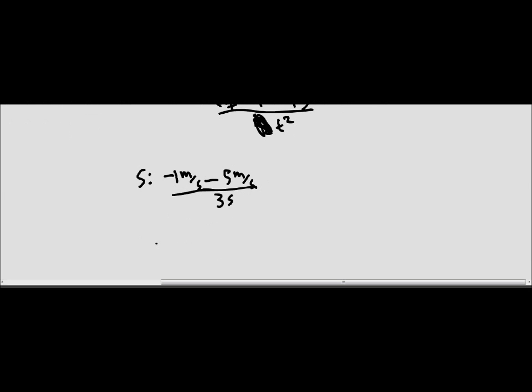So we have -1 meters per second minus 5 meters per second, divided by 3 seconds, or the change in time. And the answer that gives us is -2 meters per second squared as the acceleration.